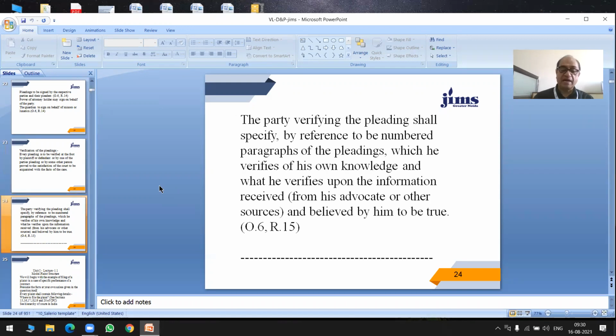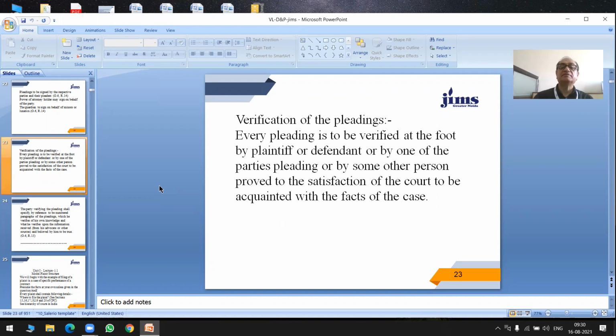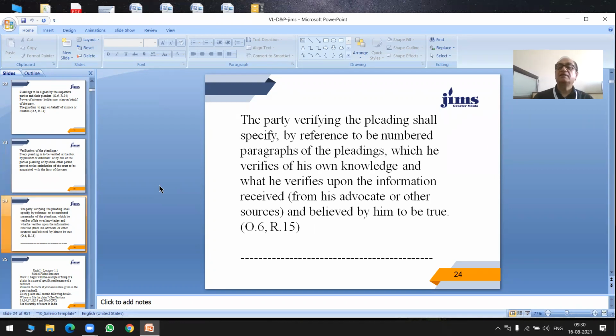So this is part of pleading, that verification has to be done by the parties. And this verification is to be done paragraph number wise.